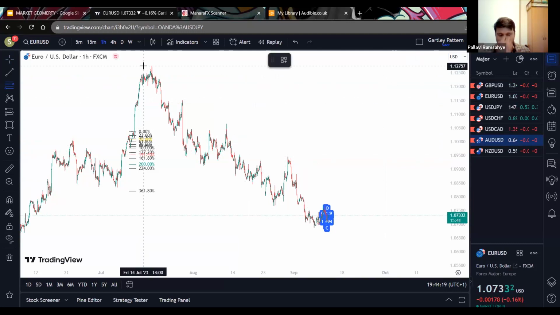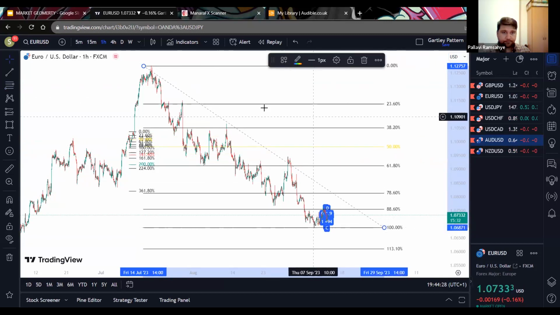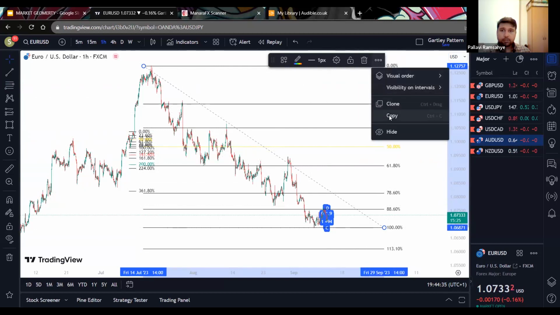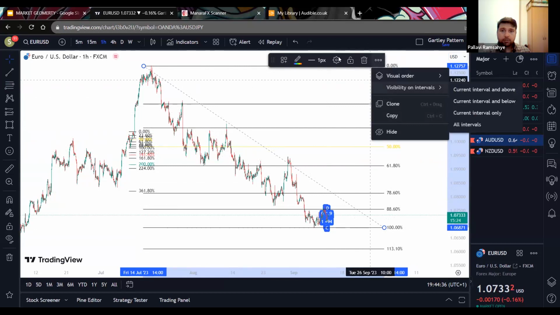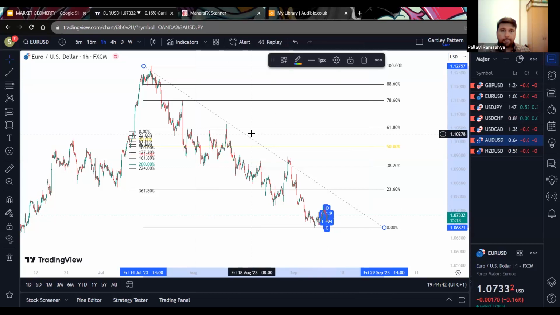So when we're looking at a bearish trend, we're going from high to low. So this isn't going to be perfect. Now, let me just change that back because it's reversed. I think it's reversed. Yeah, it's reversed. So we've gone from high to low because we're looking at a bearish move.